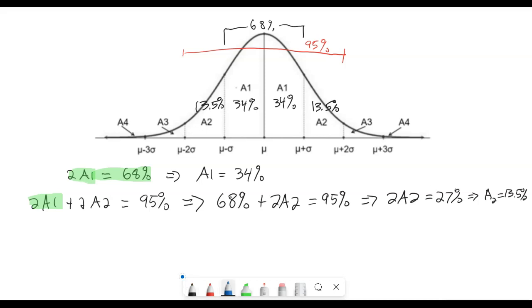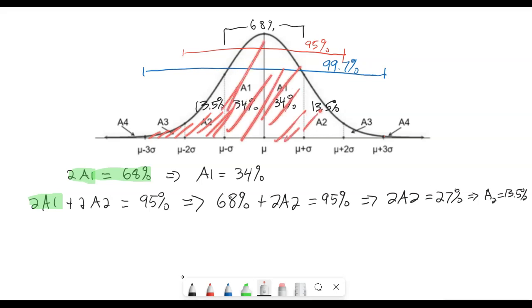The second to last one actually is the 99.7% rule. If we look at the area between the 3 standard deviations to the left and 3 standard deviations to the right, it covers A3, A2, A1, another A1, another A2, and another A3.